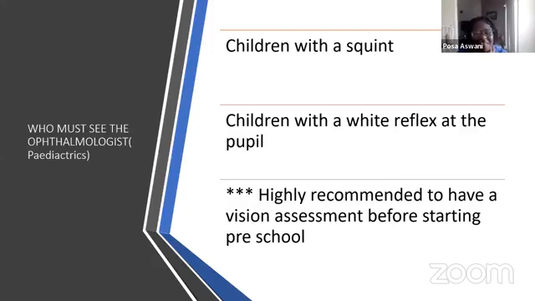There are different age-appropriate charts to pick up a vision disability in a child, and we don't have to wait until the child is complaining. We can have that child checked before they even have a complaint.